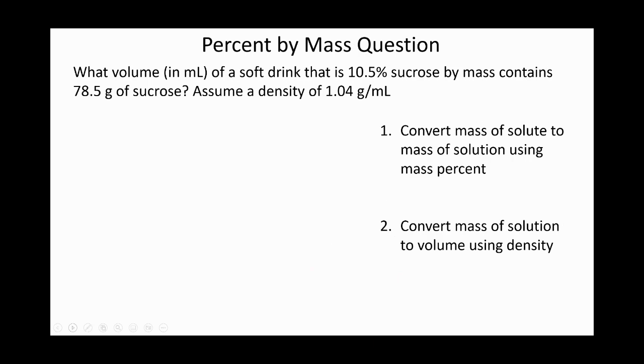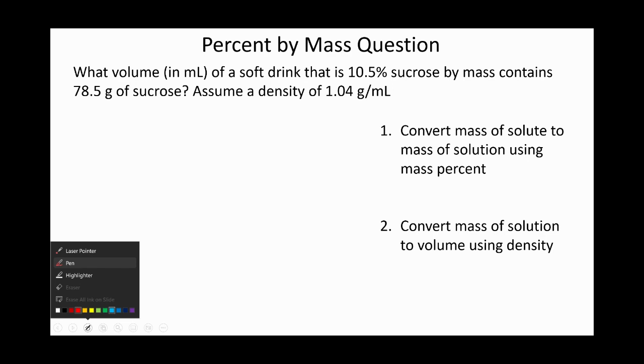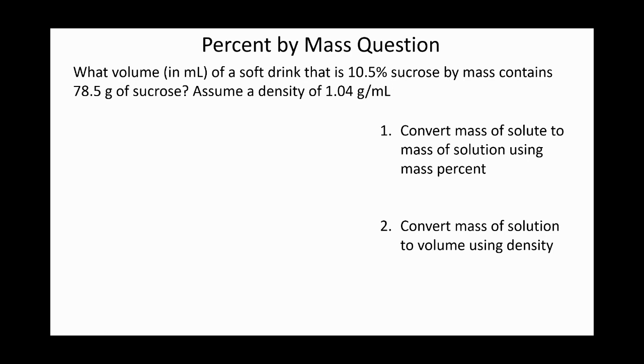So now if we do the same thing with a question that I'm going to pose to you all, you're going to pause the video. We're looking for what volume, instead of what mass. What volume in milliliters of a soft drink that is 10.5% sucrose by mass contains 78.5 grams of sucrose?